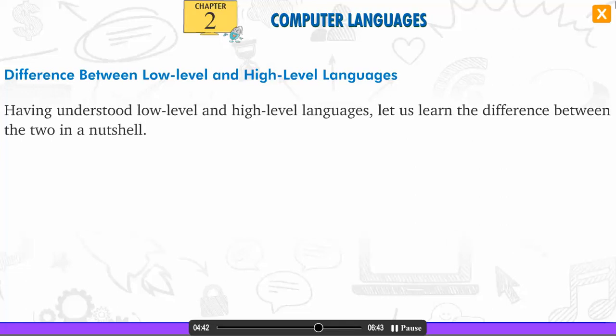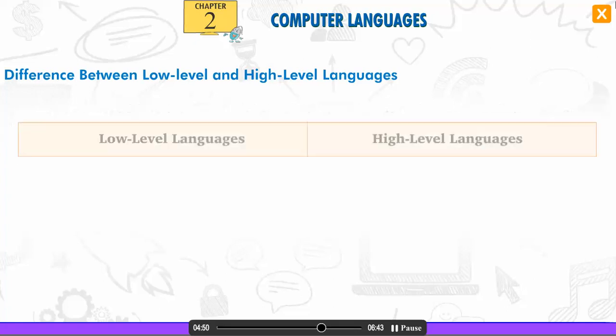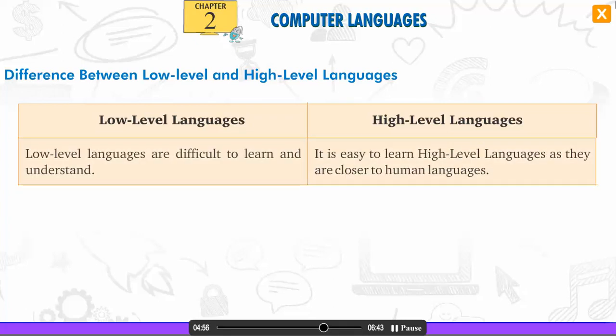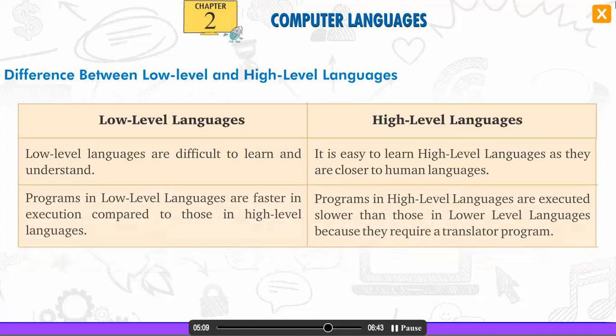Having understood low-level and high-level languages, let us learn the difference between the two in a nutshell. Low-level languages are difficult to learn and understand. It is easy to learn high-level languages as they are closer to human languages.